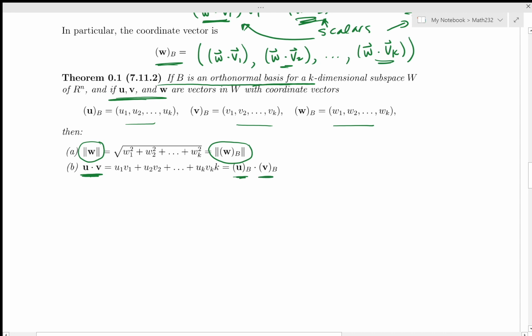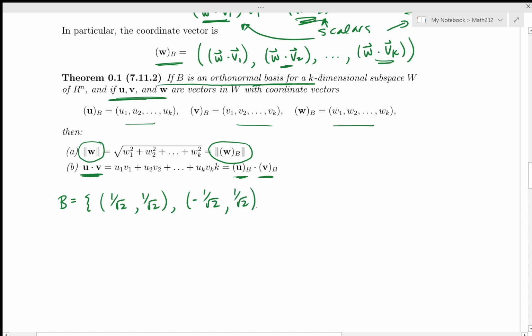Let's just see an example, okay? In 2D, no less. Big surprise. Let's take a basis B that looks like this. This is an orthonormal basis: 1 over root 2, 1 over root 2. That's one basis vector. And then the other one, minus 1 over root 2, 1 over root 2.